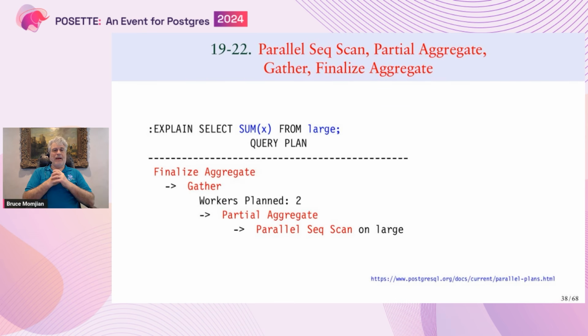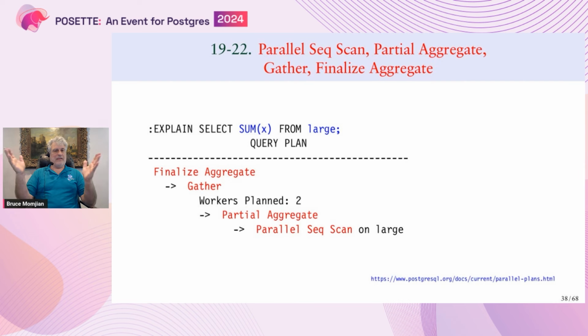Getting into parallelism. This is, again, a whole complex field of what Postgres can do for parallelism. I have several slides related to parallel operations that Postgres can perform. The ones I'm going to talk about first are parallel sequential scan, parallel aggregate, gather, and finalize aggregate.